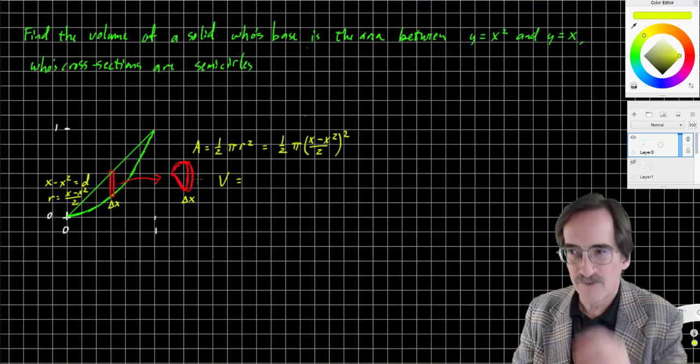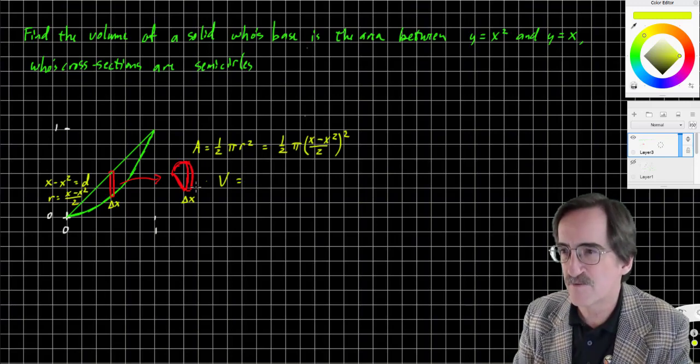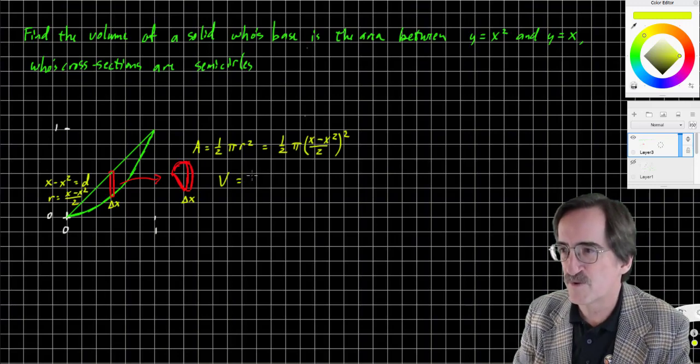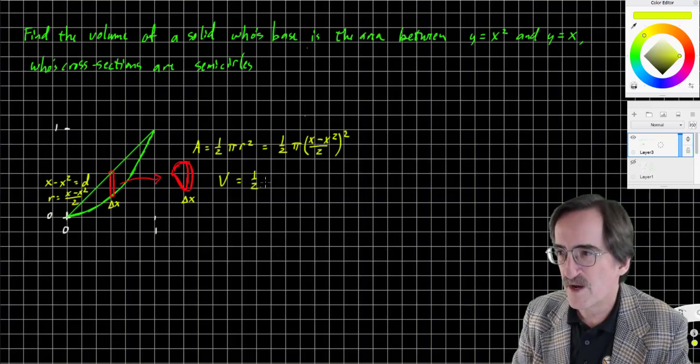That's the prism effect here. We multiply the base times the distance through which it's pulled. So volume is 1/2 pi times (x minus x squared divided by 2) squared delta x.